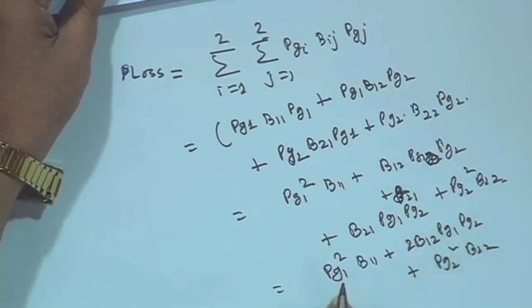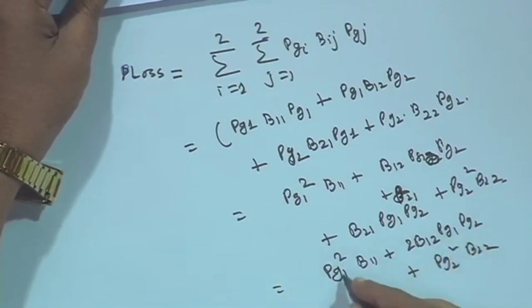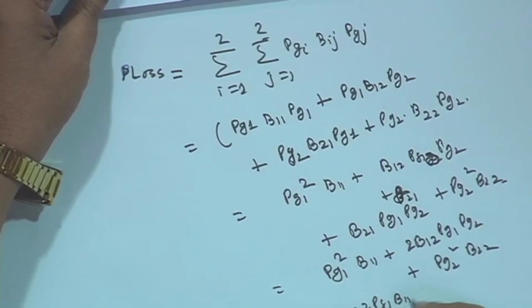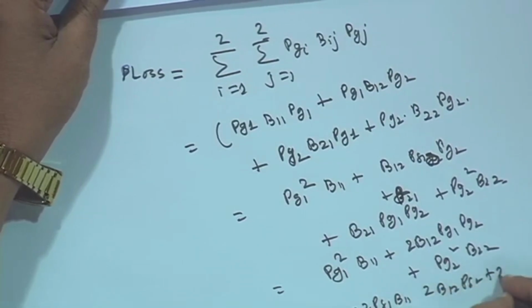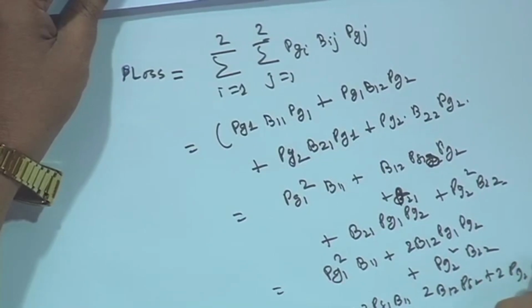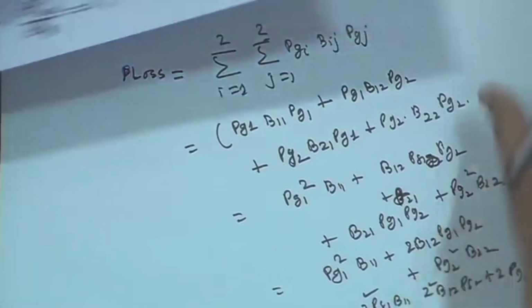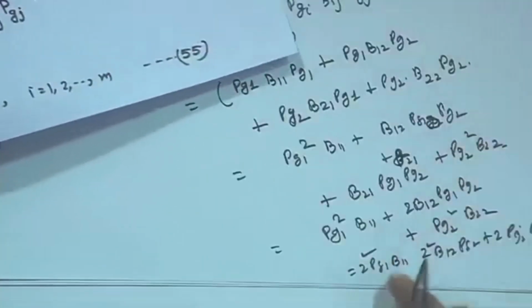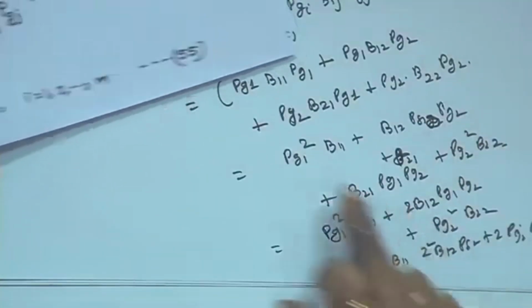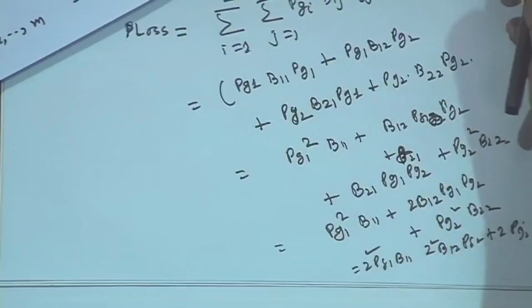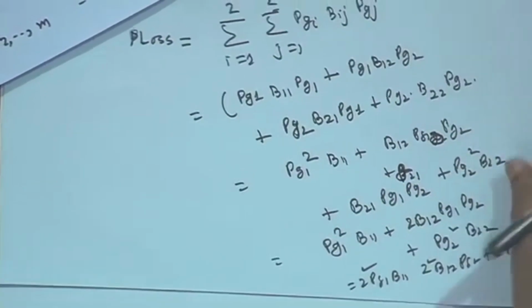Now, if you take the derivative with respect to Pg1, say, then a 2 term will come: 2 Pg1 B11, here also 2 B12 Pg2. So, the 2 term will be there. It is actually a quadratic one, right. If you expand this and take the derivative, then you will get this one.